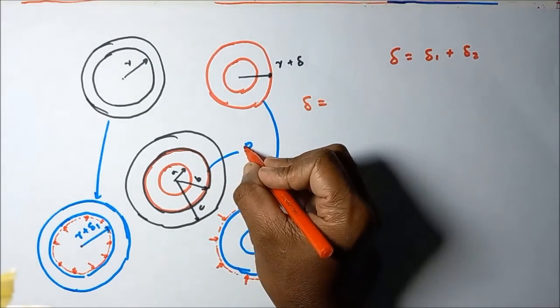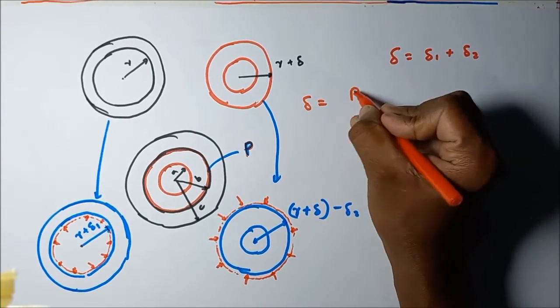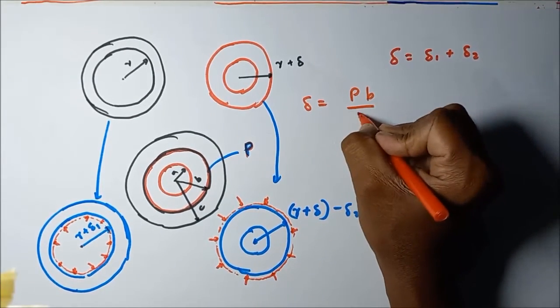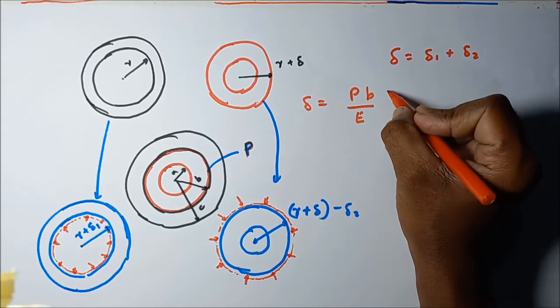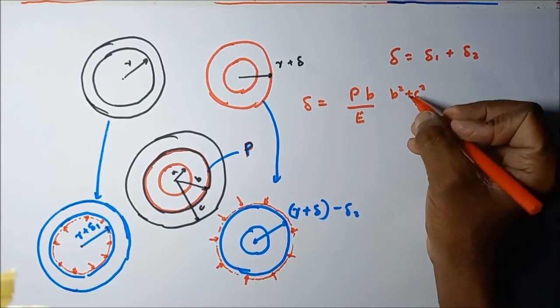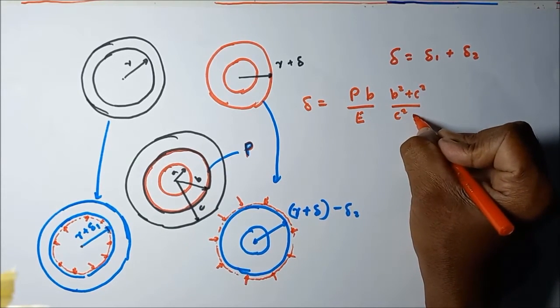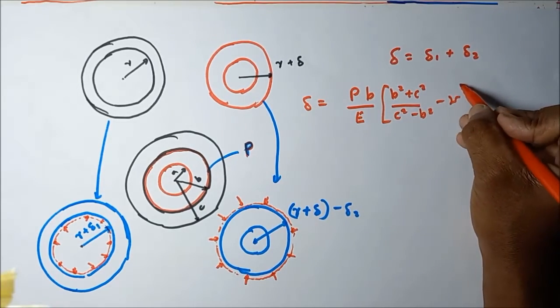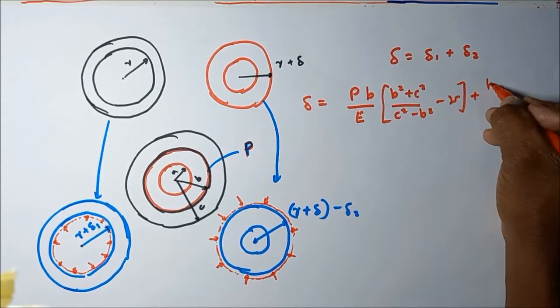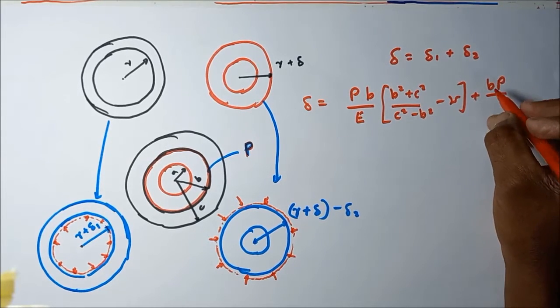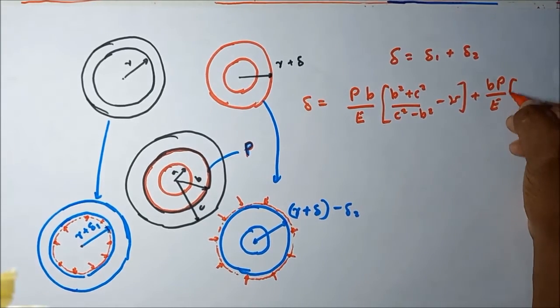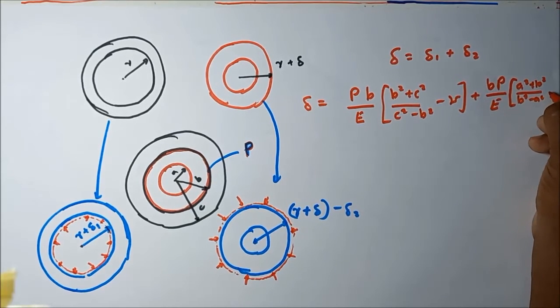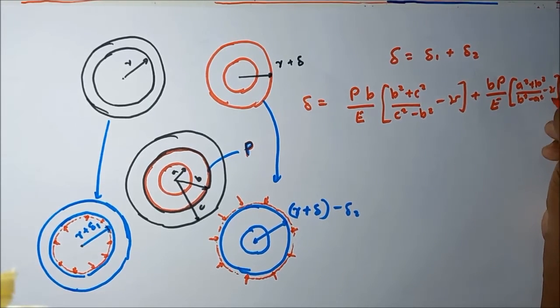The developed interface pressure is P. Delta equals P B divided by E, times (B square plus C square divided by B square minus C square, minus nu), plus B P divided by E, times (A square plus B square divided by B square minus A square, plus nu).